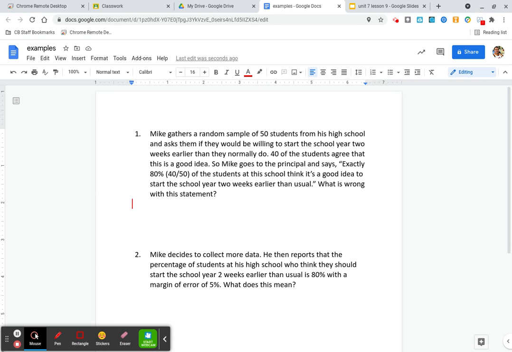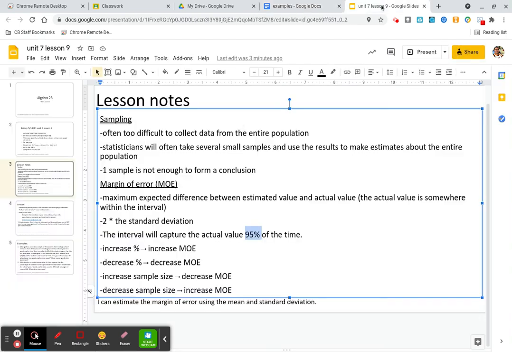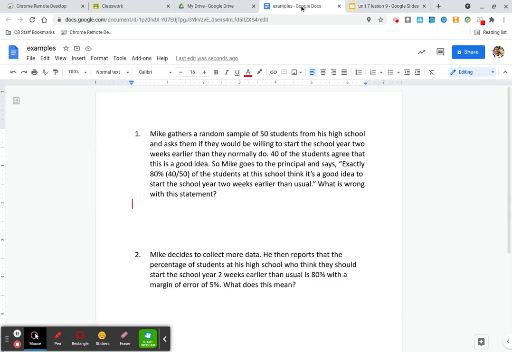Well, there's many things wrong with the statement. The first thing is he only took one sample. Mike only took one sample of 50 students. If you only take one sample, it could lead to biased results.